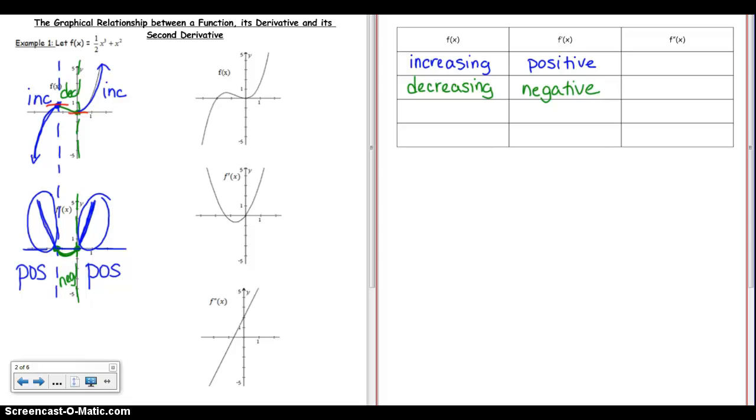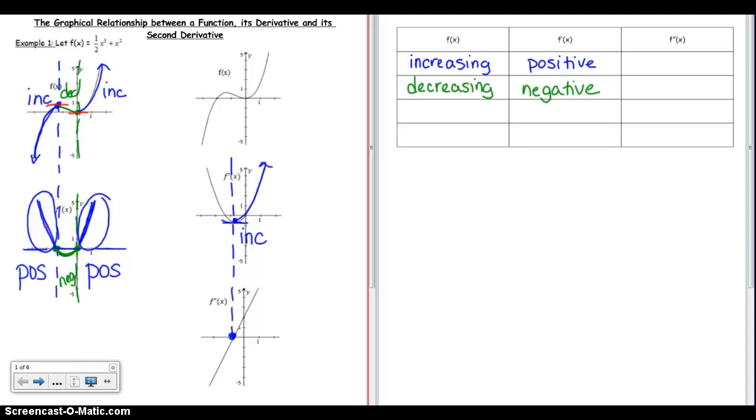So let's look where f prime is increasing. F prime is going to increase from this point on to infinity. So it's changing right here. And that's maybe, I don't know, negative 0.8, something like that. What's happening at negative 0.8 on the second derivative graph? Well, it's equal to 0, because again, that's where the tangent line has a slope of 0.